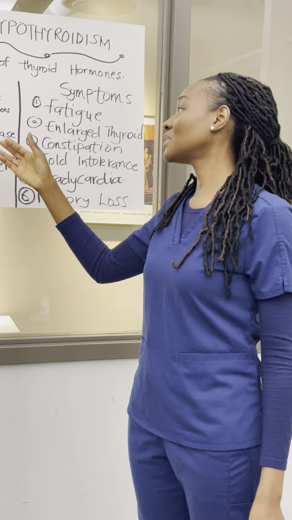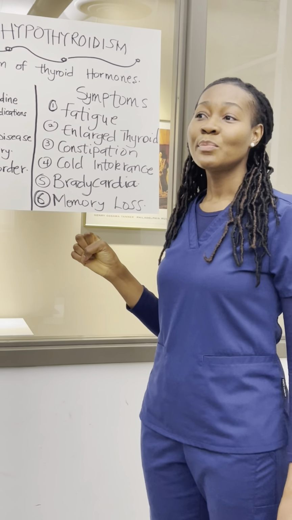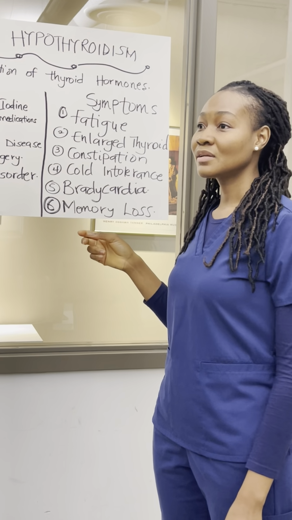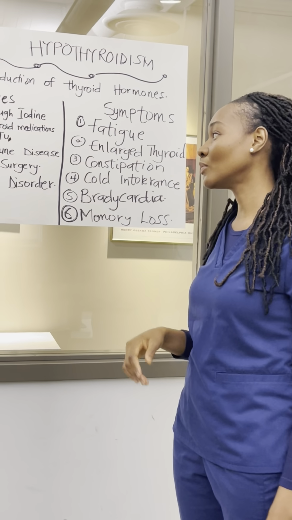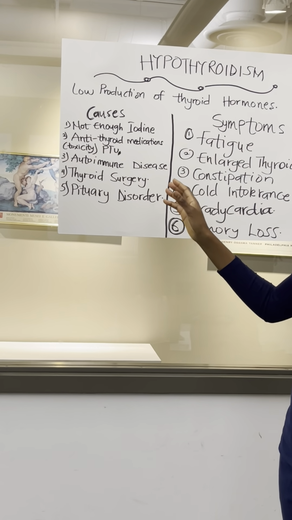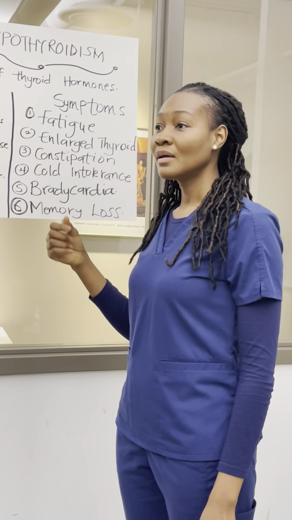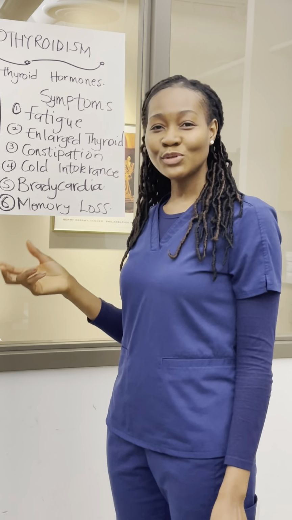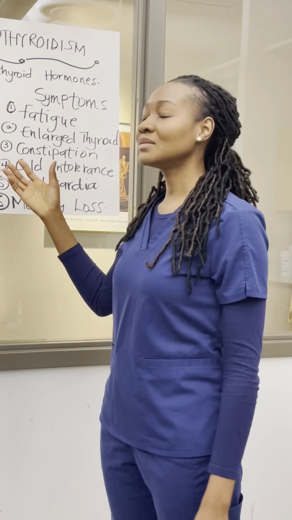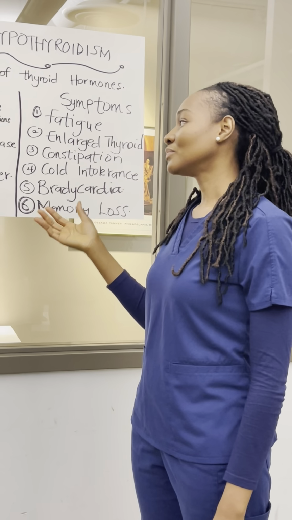An example of an anti-thyroid medication is the propylthiouracil agent, which also causes low production of the thyroid hormone. The next is autoimmune disease. Some autoimmune diseases, like lupus and Hashimoto disease, can attack the thyroid gland, which will cause it to produce less hormone.